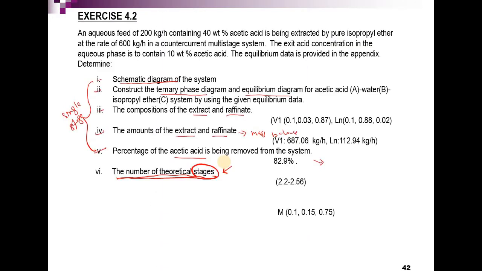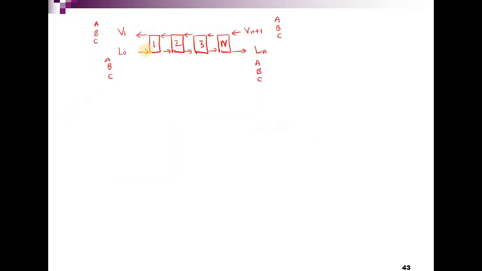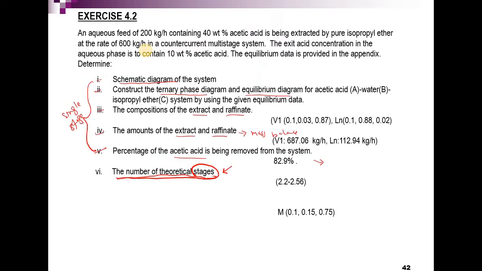Okay, so let's draw the flow diagram first. When you get the question, you should be able to draw the flow diagram first. I already drew the flow diagram, so you can fill in the information regarding the question. So let's read the question. Exercise 4.2, an aqueous feed of 200 kg per hour containing 40 weight % of acetic acid.